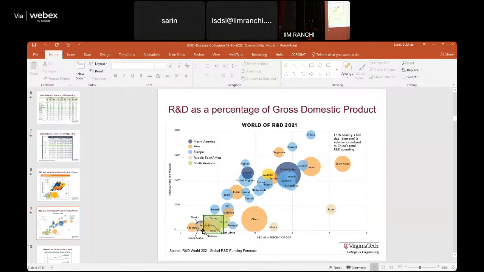Again, same graph, more recent until 2021. Similar idea. India is still here on the bottom left corner. China is here. US is somewhere here. Finland is way up here, and South Korea, if you notice, has been spending a relatively large amount of money and also has a lot of people working in research and development.